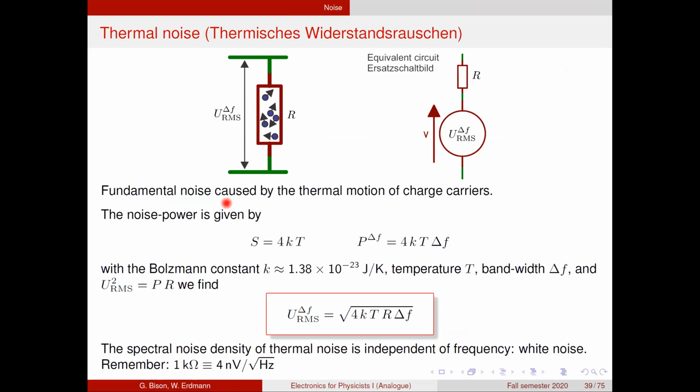The noise spectral density is given by 4kT, where of course k is the Boltzmann constant and T is the temperature. So you see directly that the power that is actually put into the system by heating it from the outside is converted into an electrical signal.